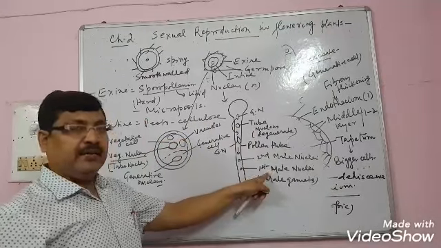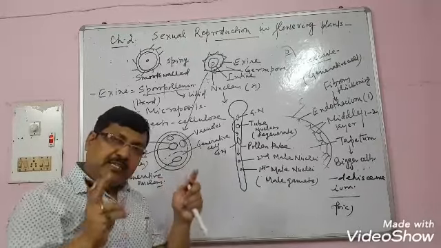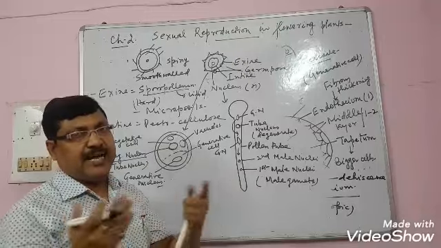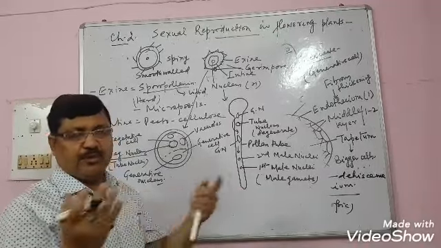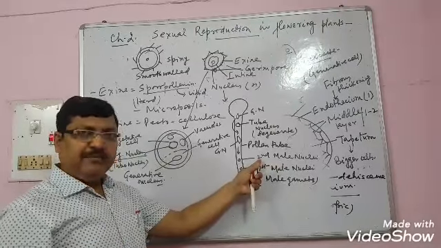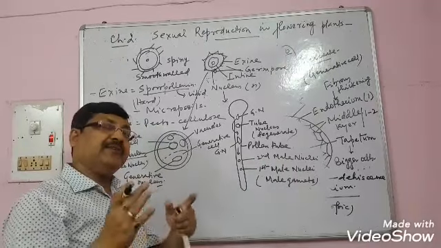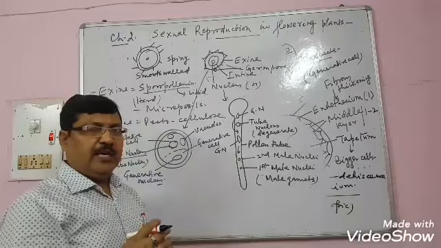The first male gamete will fuse to the egg which is present within the embryo sac of the ovule, and it will be termed as zygote, from where embryo will form, whereas the second male nucleus will fuse to the central cell and it will form the triploid structure endosperm.